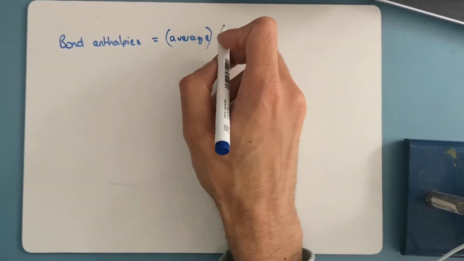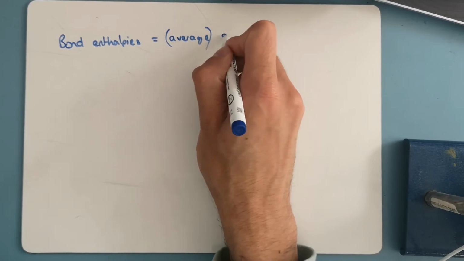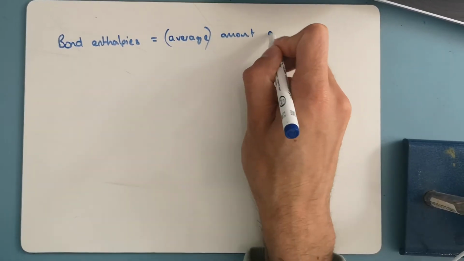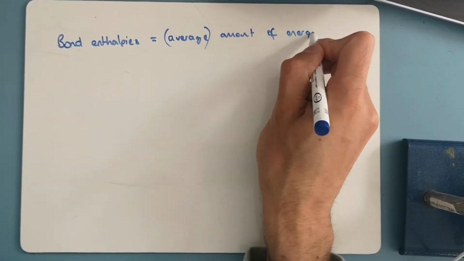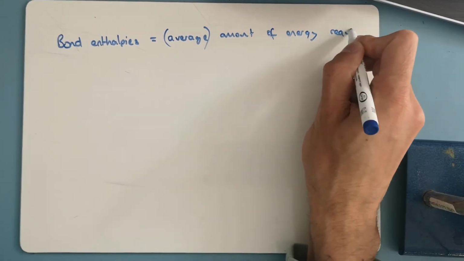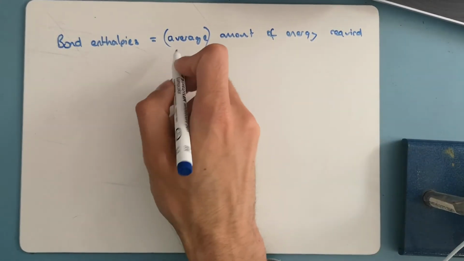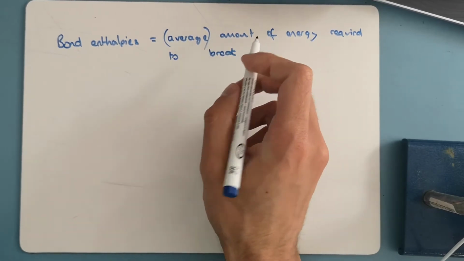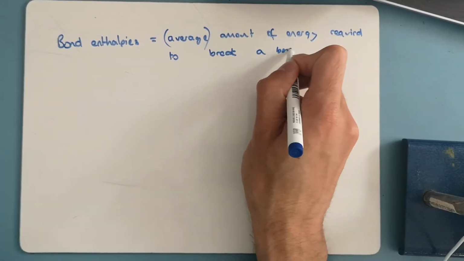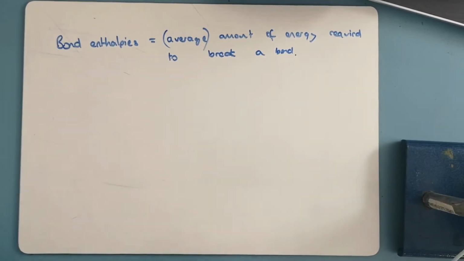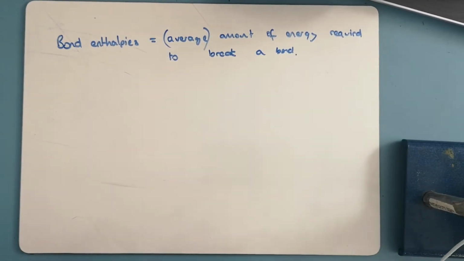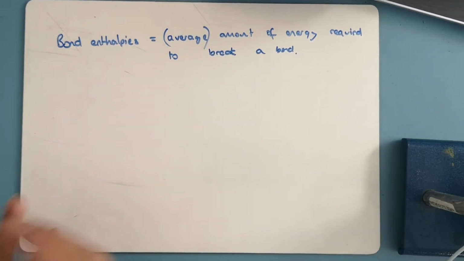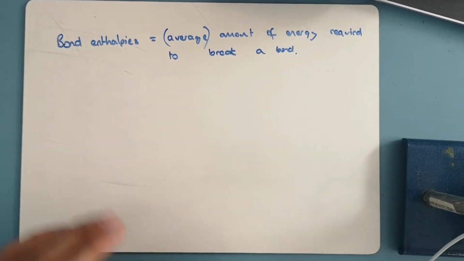Average amount of energy required to break a bond. Or, as well as that, it's the amount of energy released when a bond is formed. So we've got two different things there. Amount of energy we need to put in to break a bond, amount of energy that's given off when a bond is formed.